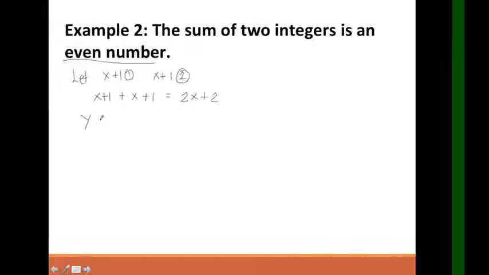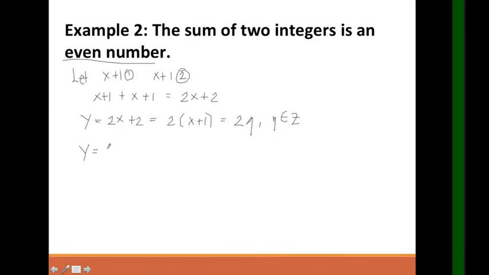Therefore, y equals 2x plus 2, which is equal to 2x plus 1 equals 2q, such that q is an element of z. Therefore, y is equal to 2q. By contradiction, the sum of two integers is an even number.